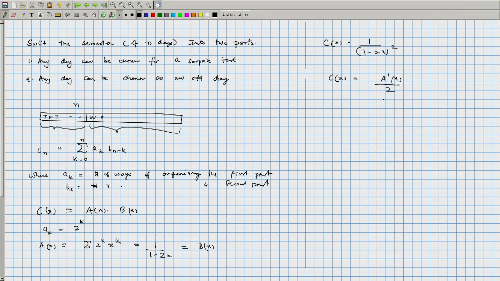Okay. If you take a prime, a prime x is nothing but 1 by (1 minus 2x) the whole square into 2. Okay. So, Cx is also equal to a prime x by 2.